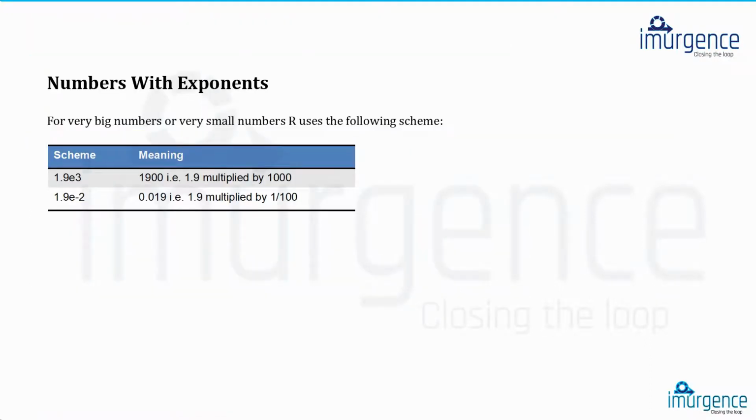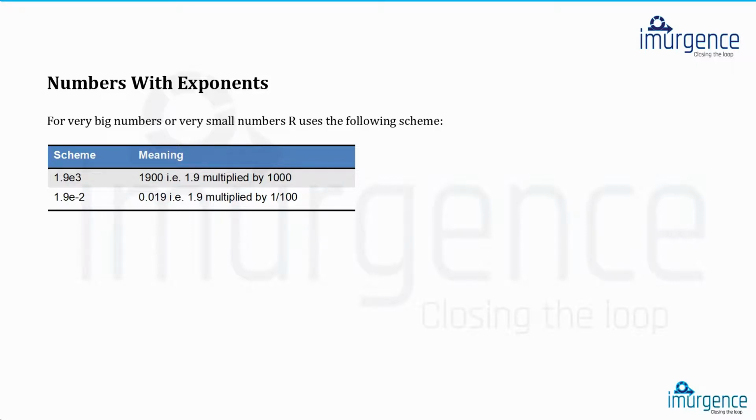Numbers with exponents. For every very big number or very small number, R uses the following scheme. For example, if you have a typical linear regression model and you look at the output of that model, it will specify some of the parameters in terms of very small numbers, and R has a habit of displaying very small numbers by using the term e with some number. So if it's E3, it means 1000, that's how you have to read it.